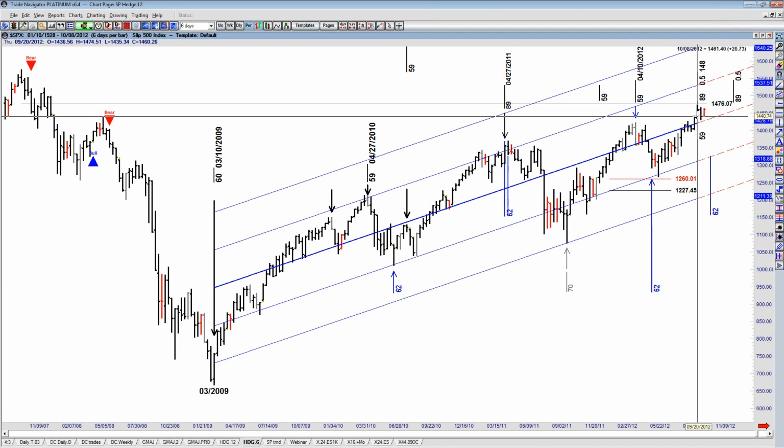So if the Fed and the market makers and the brokerages who are being fed all this zero interest money can get this market to close above 1476, the probability greatly is then that this market will be making new all-time highs. Now, on the speed that it's advancing, that doesn't look to me likely, but it's really interesting that the market recognized that number, which I gave out 18 months ago or so, and then recoiled from it.